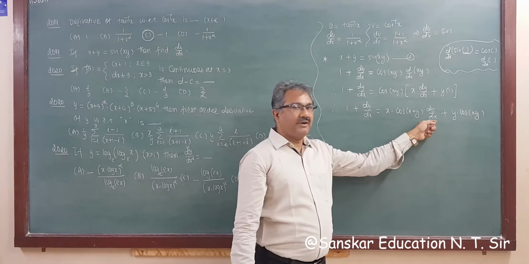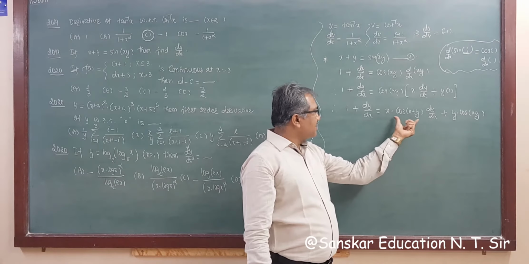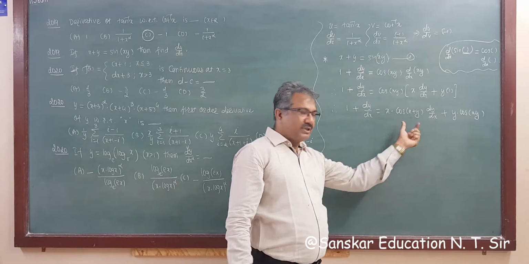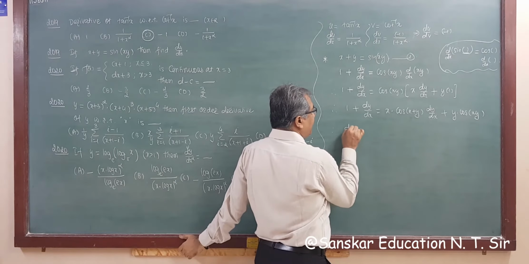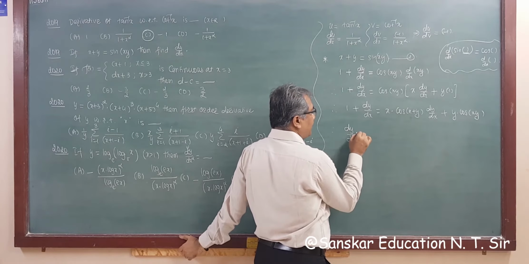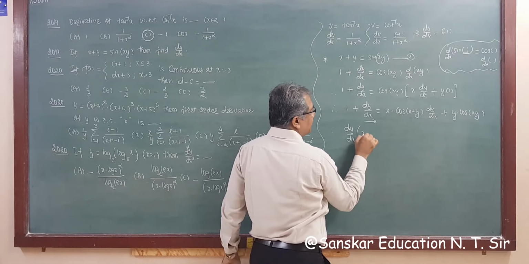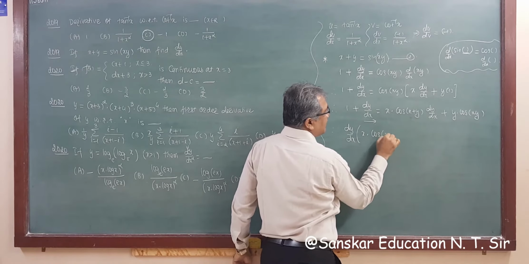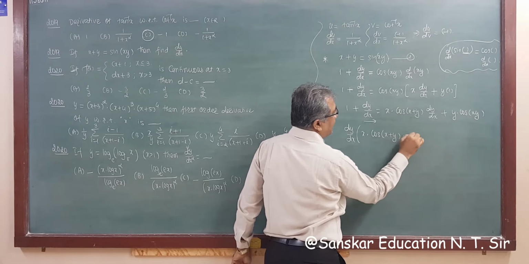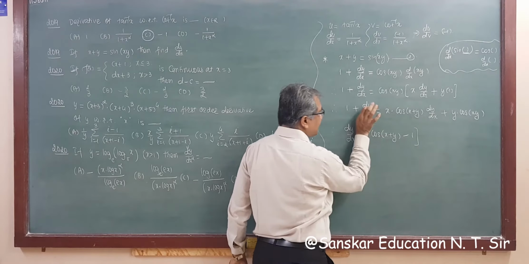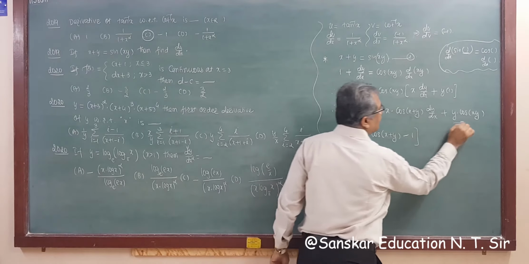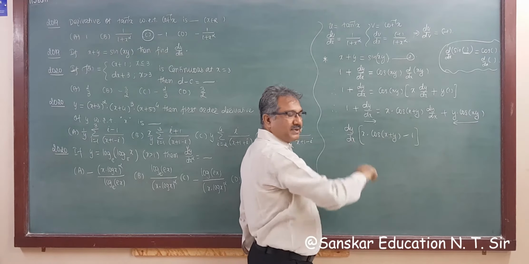Now we have to find dy by dx. So making it the subject. This dy by dx is common. I am taking this dy by dx to right hand side. So this is x into cos xy minus 1, and taking this term to left hand side, plus becomes minus.